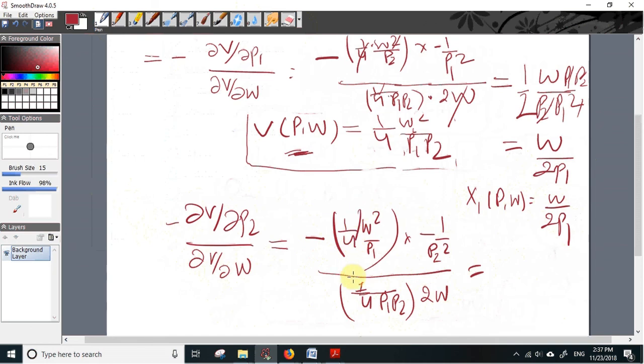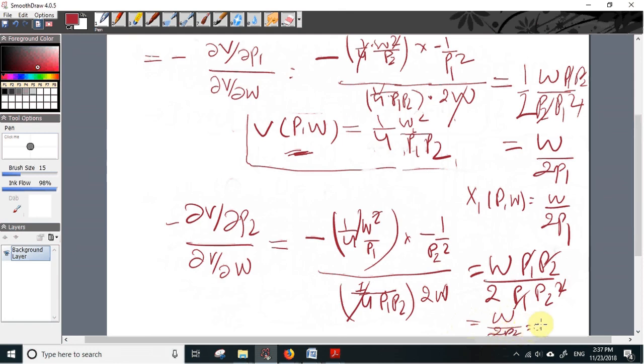Again 1/4 cancels, W and square cancels, negative becomes positive, so what remains is W here. P1 P2 goes here, here is 2, and P1, and here is P2 square. So P1 gets cancelled, P2 and square get cancelled, and it is W over 2P2, which is nothing but the Marshallian demand function for the second commodity.